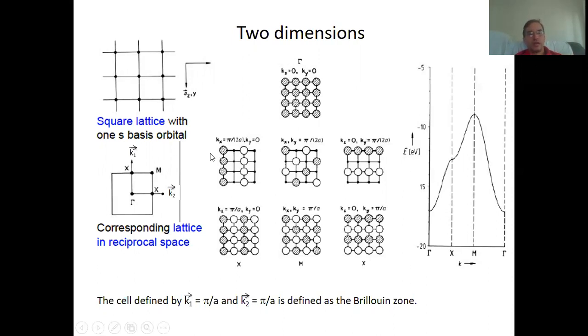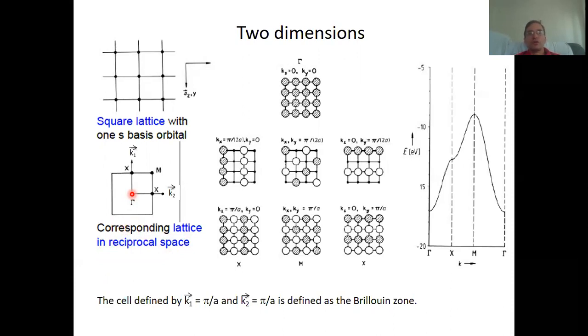So these two k vectors would define a corresponding lattice to the original square lattice, whereby this corresponding lattice would now be in the reciprocal space. And in that reciprocal space, the k vectors k1 and k2, kx and ky, would stand perpendicular to each other.